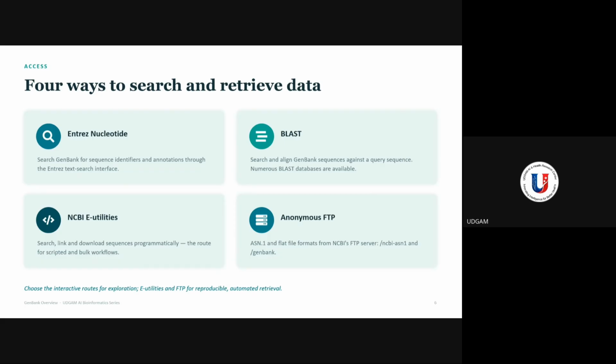In future, when we learn some Python scripting, maybe I'll demonstrate how, using a Python script or an available workflow, one can download data from NCBI programmatically. Another machine-based file format is ASN.1 and the flat file format. These are available at the NCBI FTP server, and you can retrieve that data from there also.